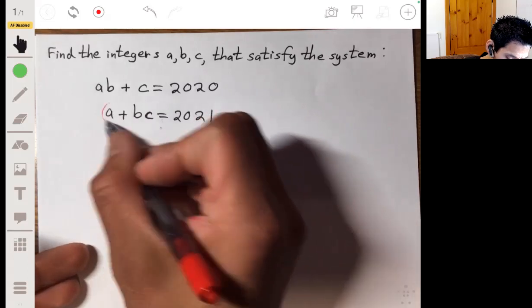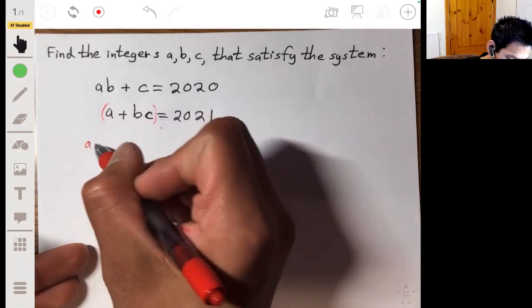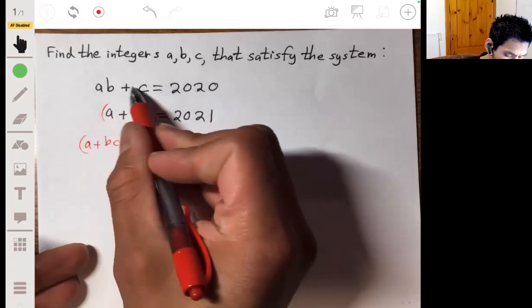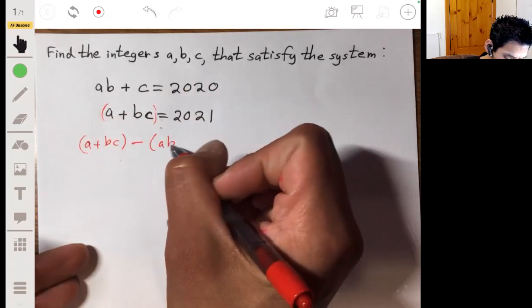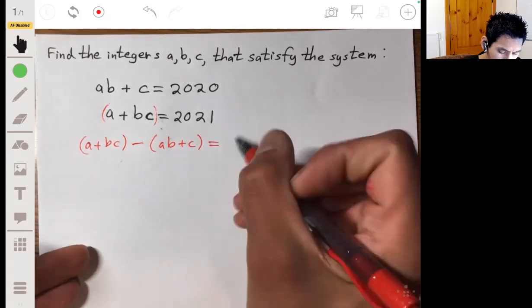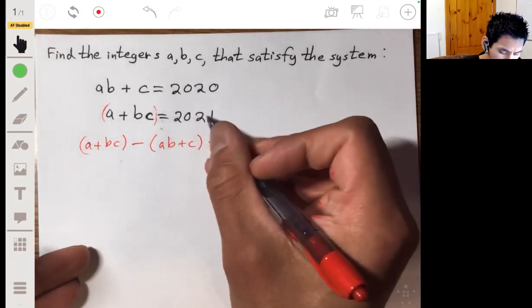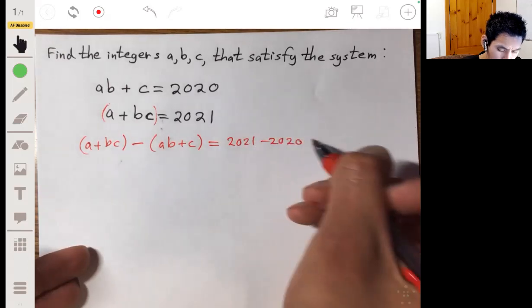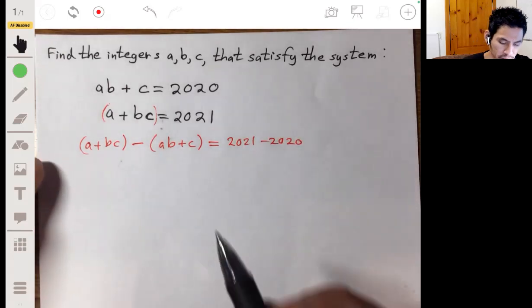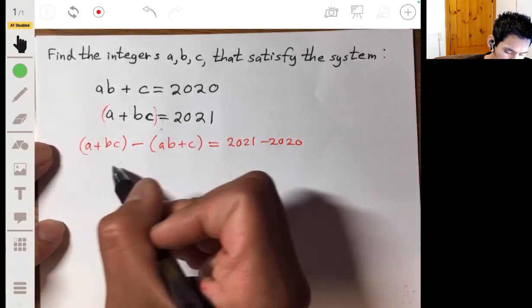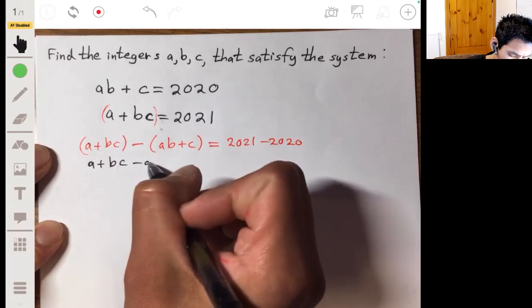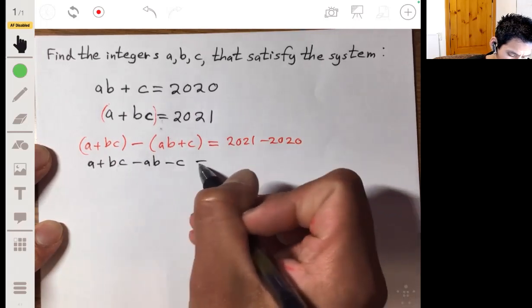Because that'll be basically 2021 minus 2020, we'll get a new equation: a plus bc minus ab minus c is equal to 1.